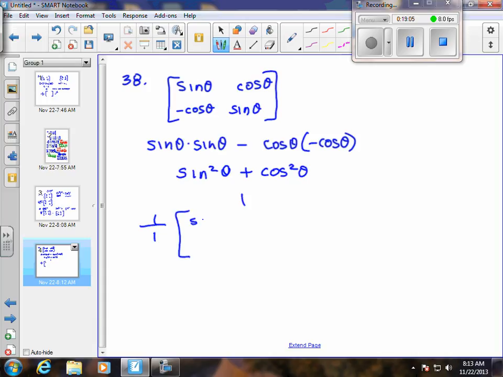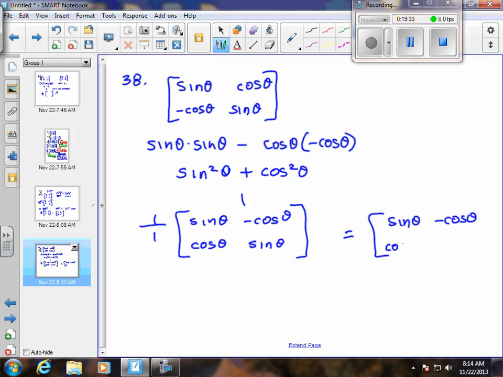That's where you reverse the terms on the main diagonal, which isn't going to look like you did anything because they're the same, and you change signs on the other diagonal, and then you simply multiply the scalar by that matrix. So the inverse is the matrix sine theta, negative cosine theta, cosine theta, sine theta.